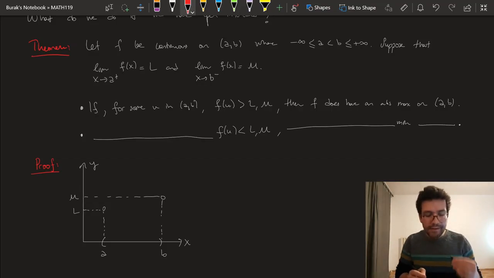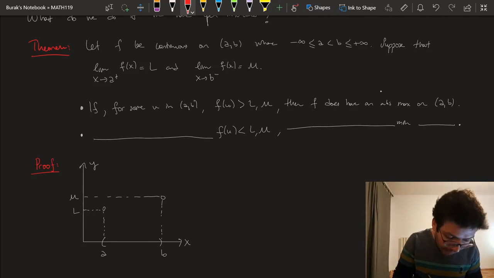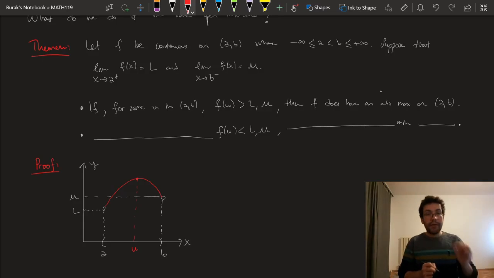The first part says, pretend that for some point u in this open interval, f(u) is greater than both L and M. So somewhere my function takes some value which is bigger than these. Then the theorem says that you have to have an absolute maximum.